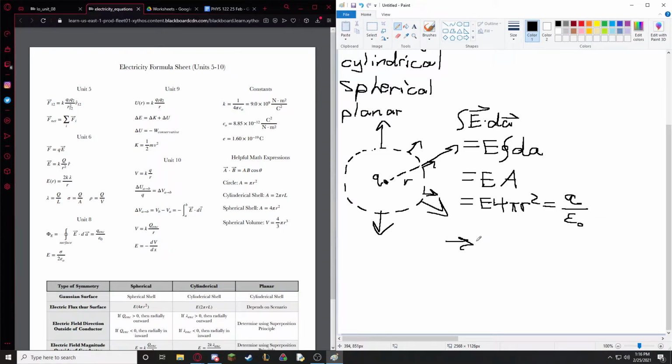So then we just solve for E, which is equal to 1 over 4 pi epsilon naught times Q over r squared, pulling out the 1 over 4 pi epsilon naught because we're dividing by 4 pi r squared. Is that the same thing as what's in our formula sheet for unit 6, kq over r squared?